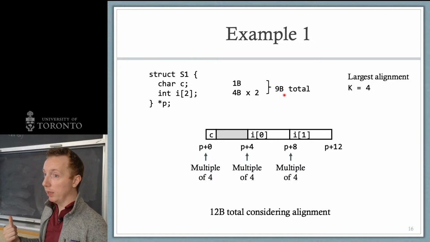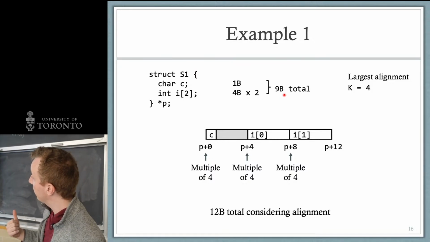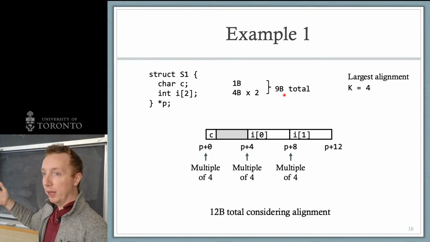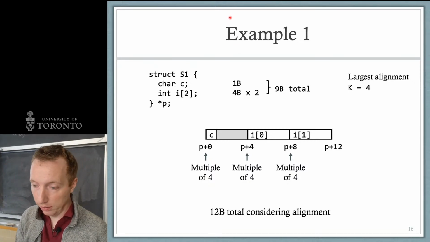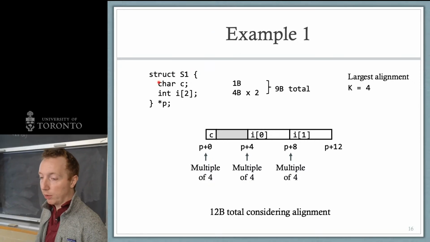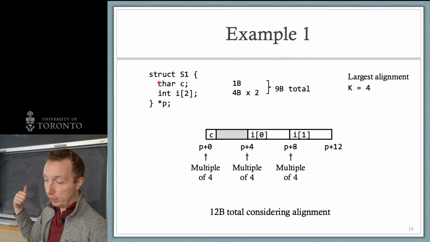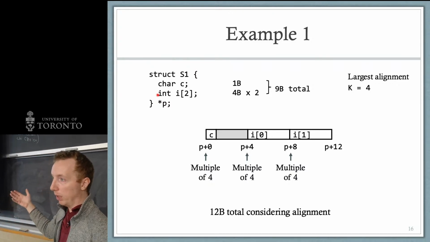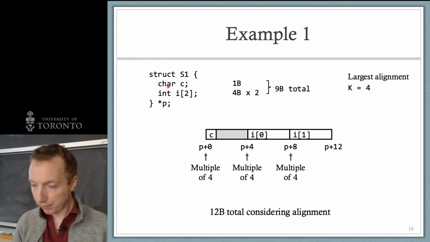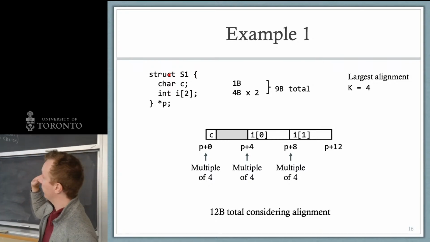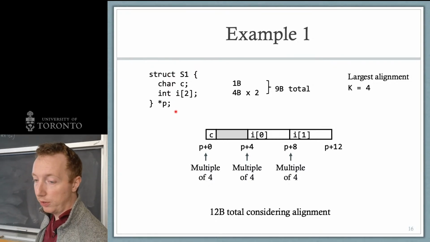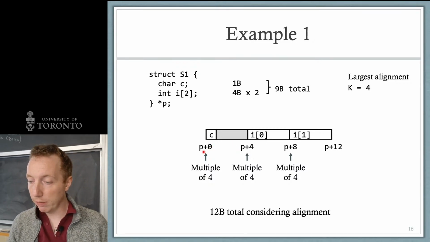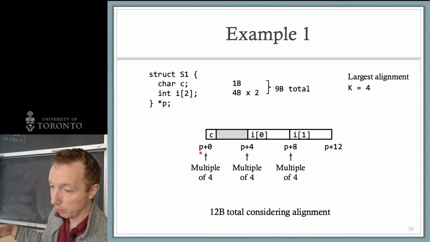How it will be laid out in memory is, the rules of C are also that all of the fields will come in the order that you declared them in. So the first thing that will be stored in memory is this char c, and then the next thing will be the array of integers. In this entire structure, the largest thing is an int, so the entire structure needs to be aligned at a 4-byte boundary.